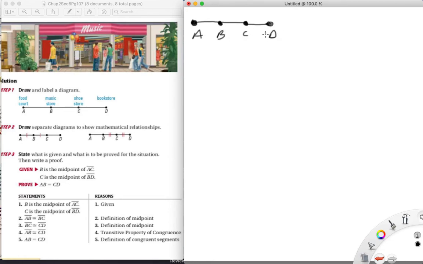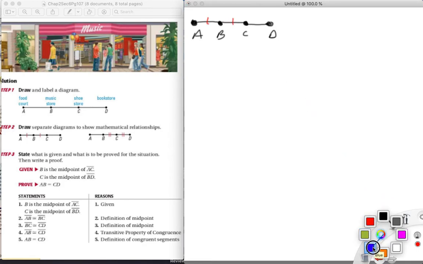And we're told that B is the midpoint of AC. And if B is the midpoint, then I know that AB is congruent to BC.